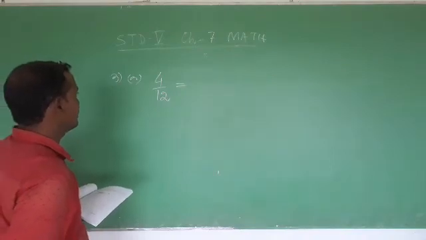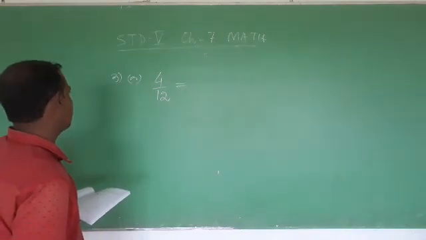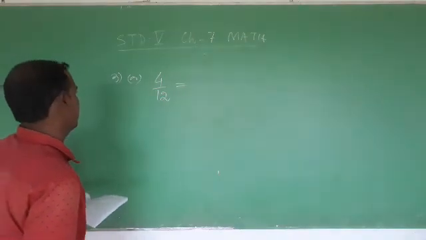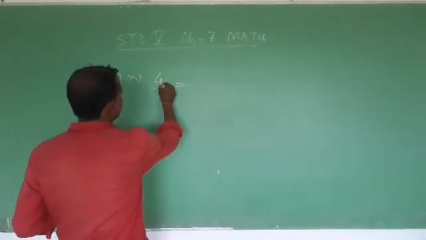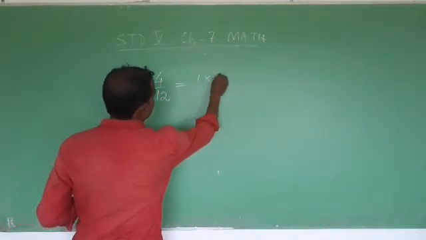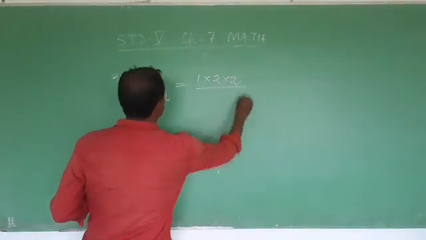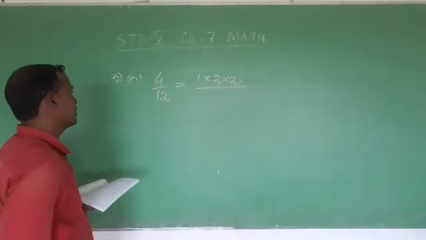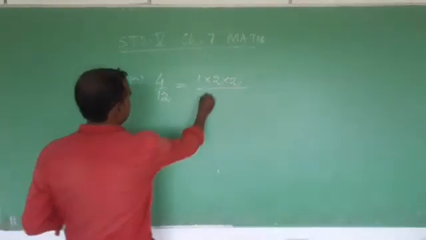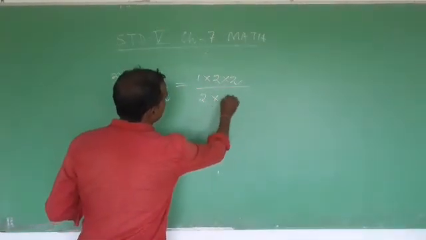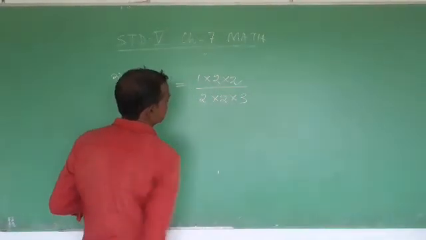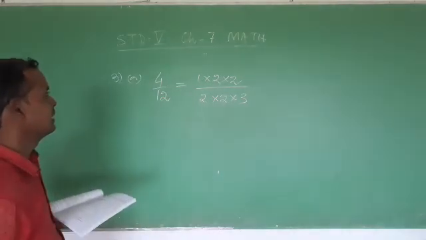What will you do? First you do prime factorization of both numerator and denominator. So 4 can be written as 1 into 2 into 2. Okay. Now 12 also can be written as 2 into 2 into 3. Okay.